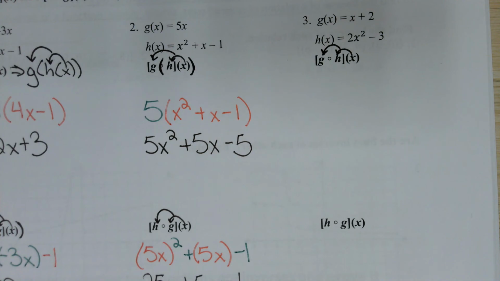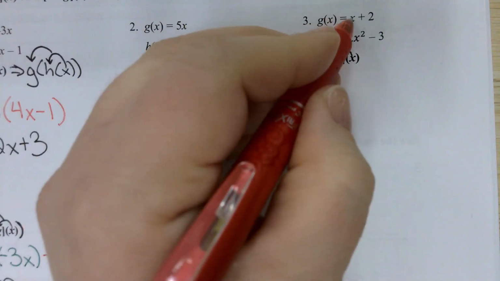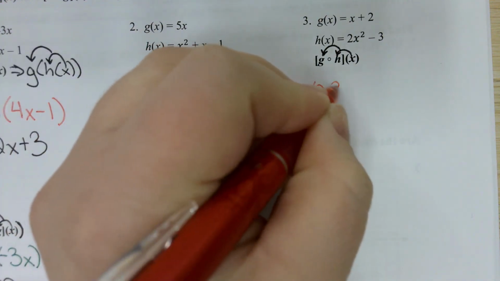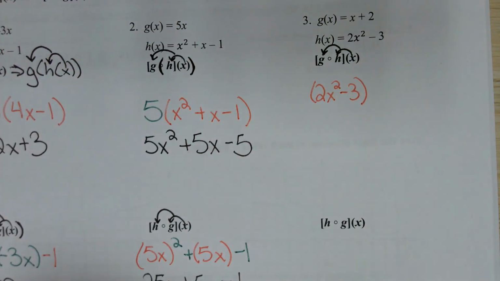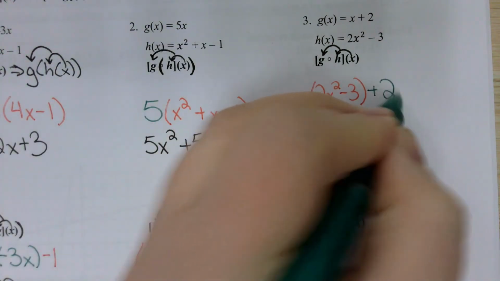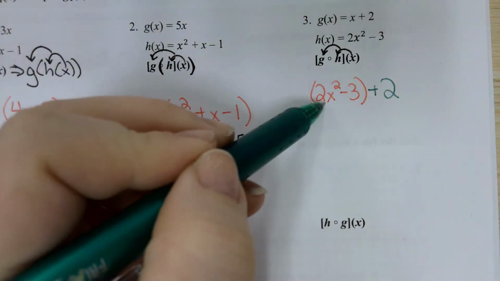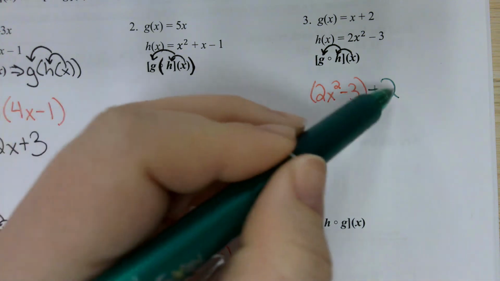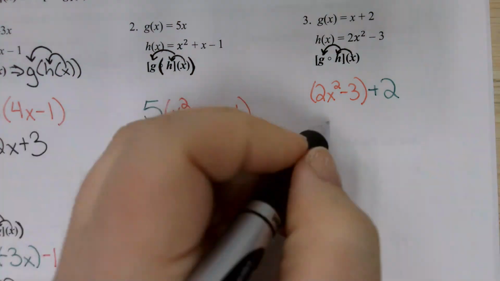So that means 2x squared minus 3 is going in for x. So 2x squared minus 3, and then the rest of the equation plus 2. Well, there's nothing that needs to be distributed. We don't need to raise it to an exponent, so I can go ahead and combine negative 3 and 2 to be negative 1.